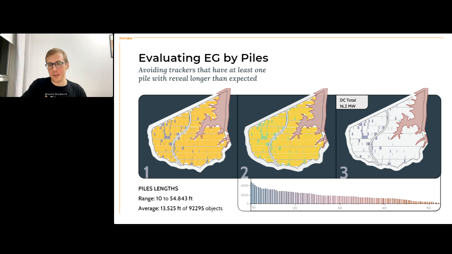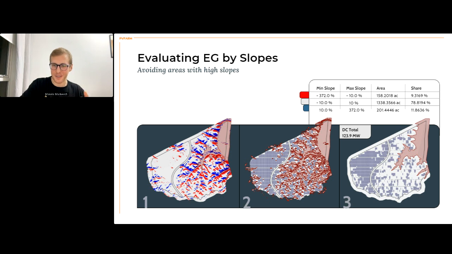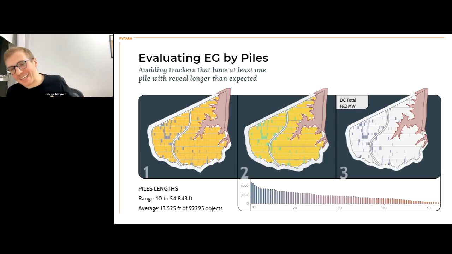And so for this particular project, DC total was 16.2. So it's 123 versus 16.2. It's crazy. But again, it's a fancy demo project, and essentially what I'm saying is that having some information about piles might help.